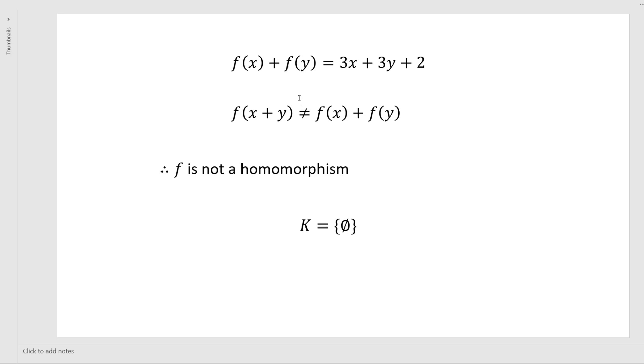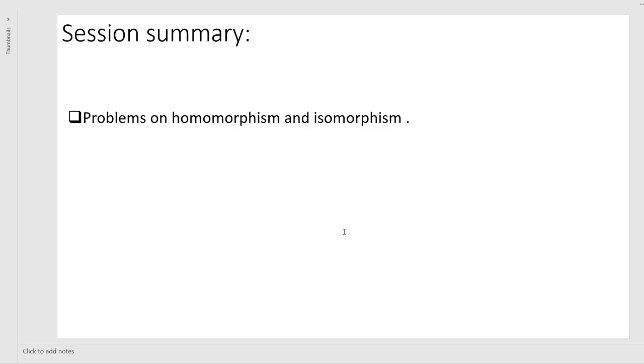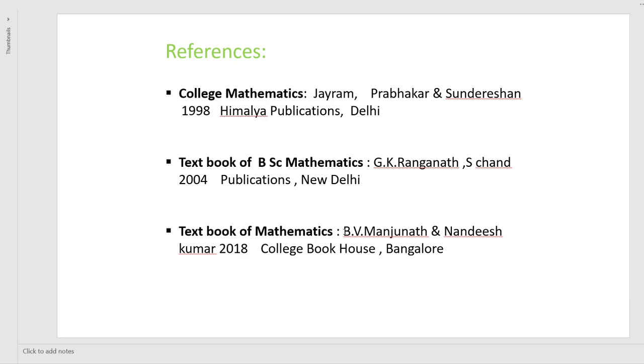But f(x) + f(y) is 3x + 3y + 2. So therefore, f(x + y) is not equal to f(x) + f(y). Therefore, f is not a homomorphism. If it's not a homomorphism, its kernel is a null set. There is no term in that. It's just a null set. Thank you.